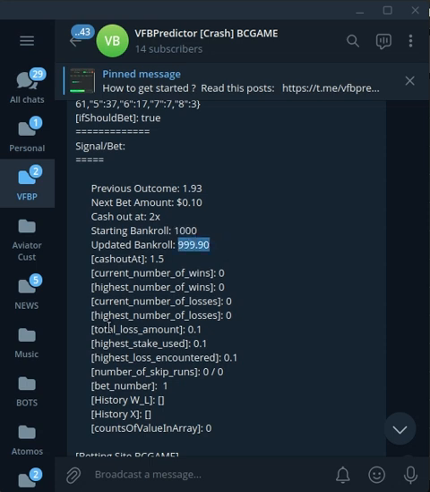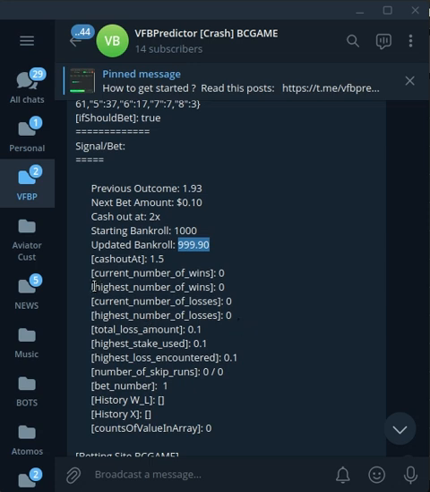When we make a win, the payout is added to the updated bankroll, to keep track of the wins and losses. We also have the current number of wins, highest number of wins, current number of losses, and highest number of losses.